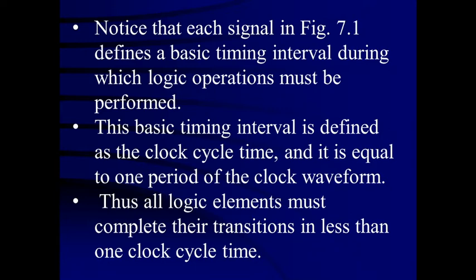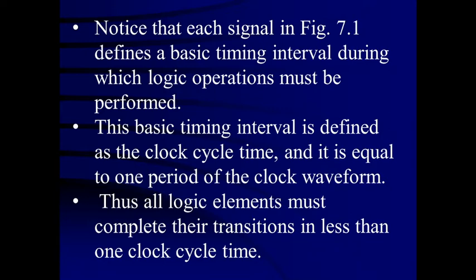That operation must be completed before one cycle of the clock is over. That means when the second clock pulse comes, before that, the logic operations must be performed. That is the basic need.